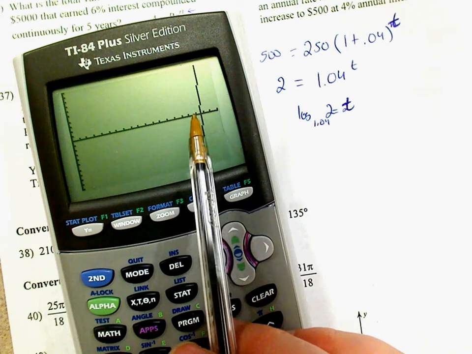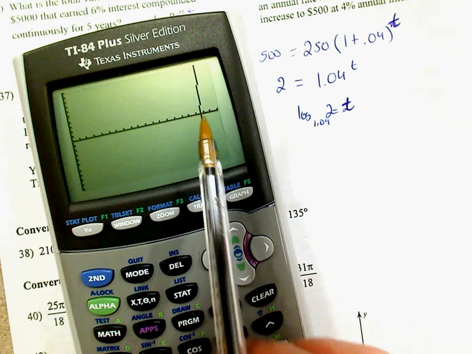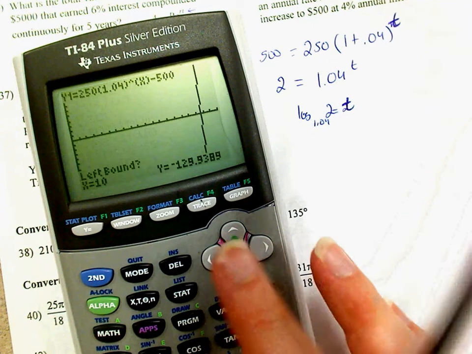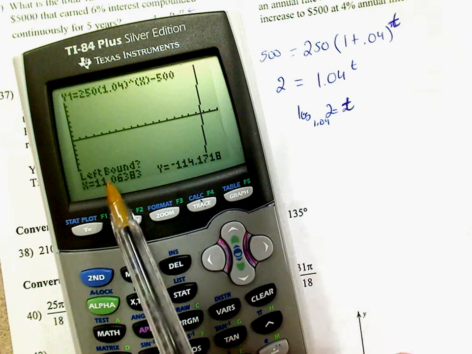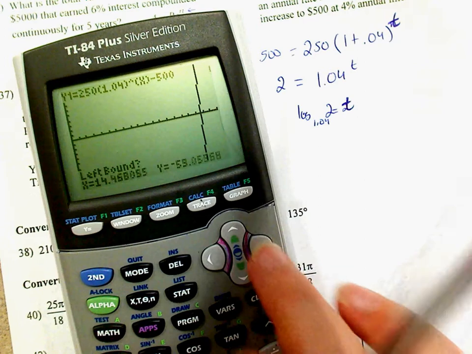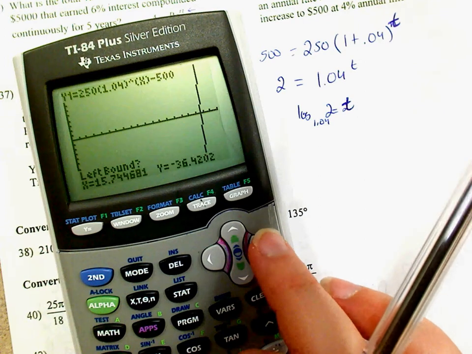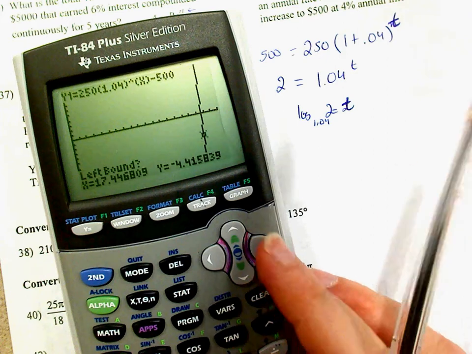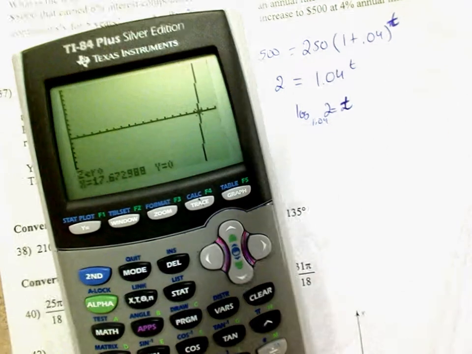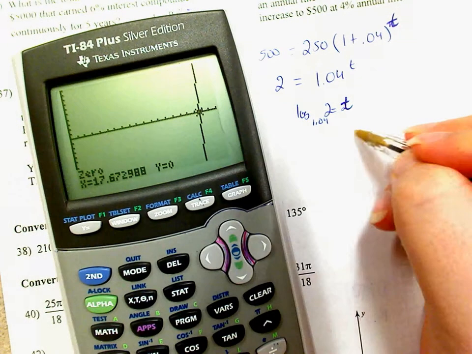So I need to find the zero. Press enter, go to the right, press enter, and they tell me that it's 17.673 years later.